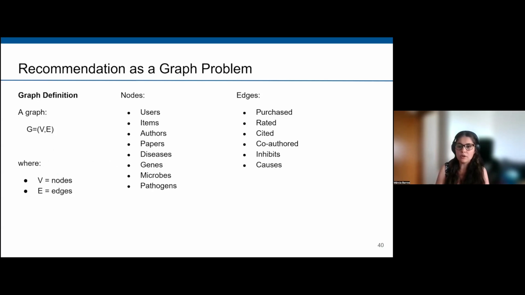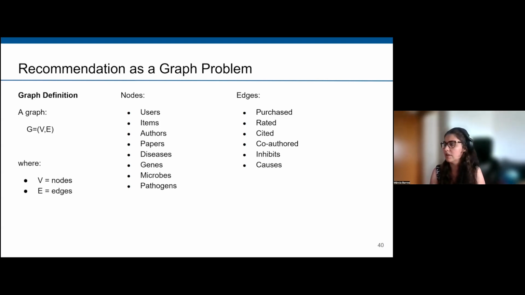So if we define a graph as G equals nodes and edges, what will be my nodes and what would be my edges in a recommendation system approach? The nodes can be the users, the items, authors, papers, diseases, genes, microbes, pathogens, and the edges will be, well, ratings, let's call it like this. It can be the purchases, a citation, co-authors, inhibits, causes, is a.